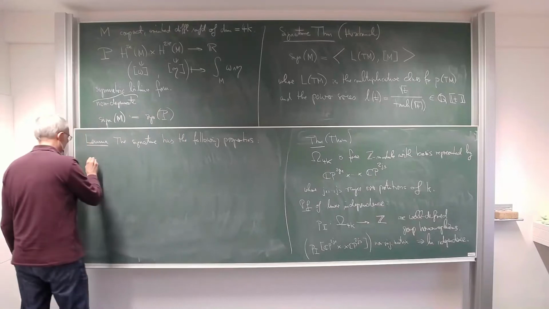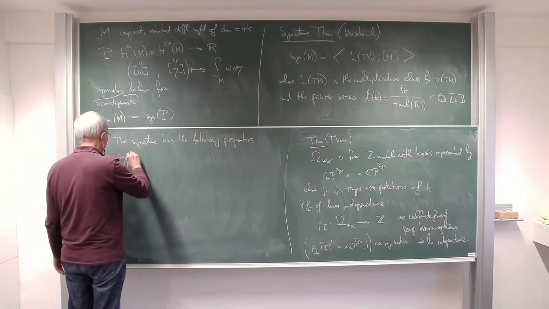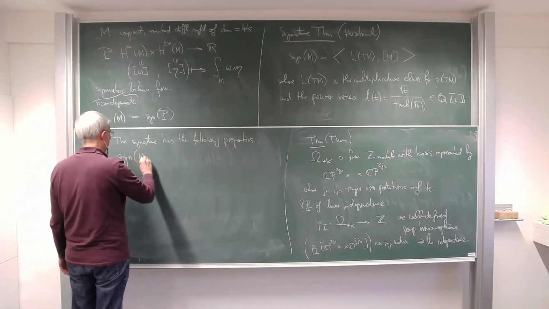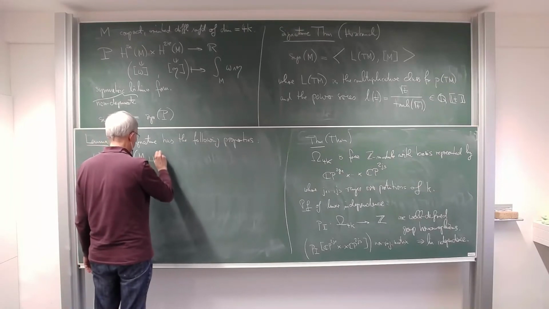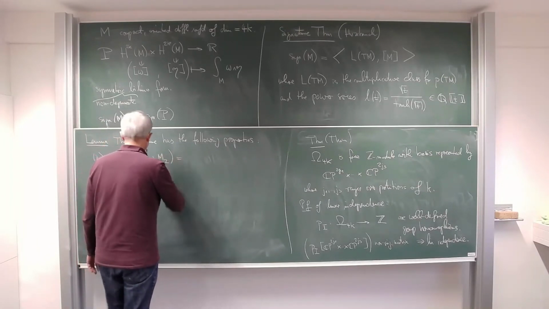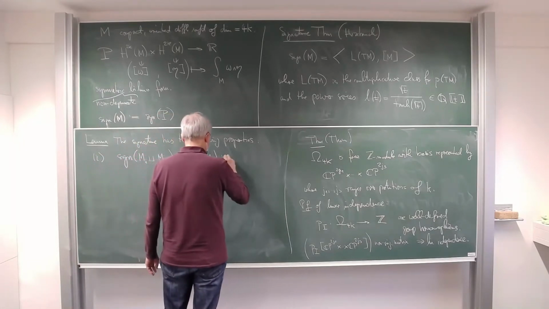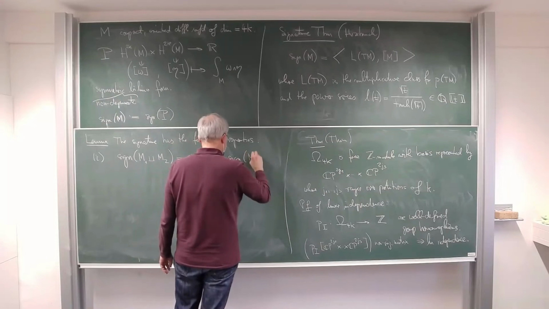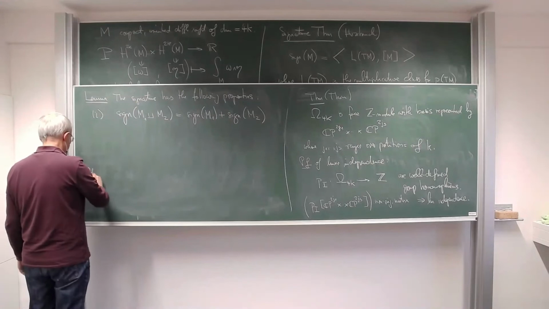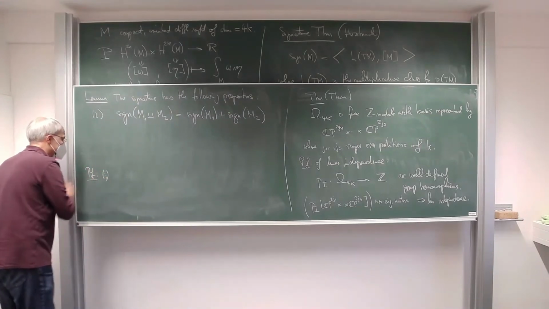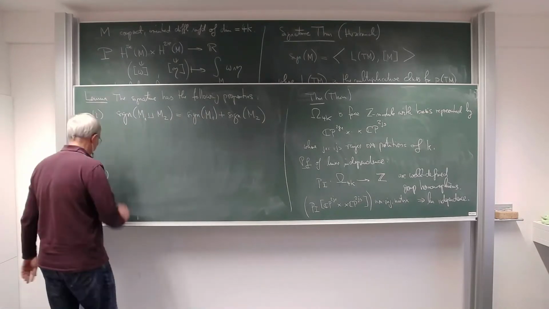So firstly, if we look at the signature of the disjoint union of two manifolds, then this is the sum of the individual signatures. And why is that? Well, what is the cohomology of the disjoint union?